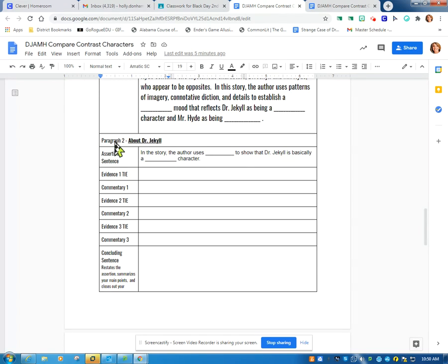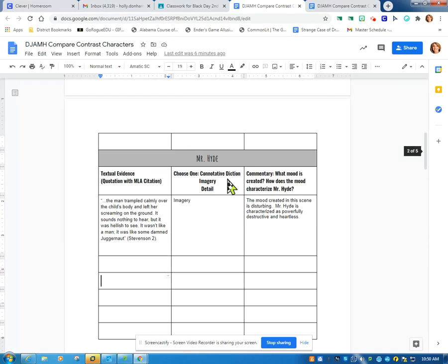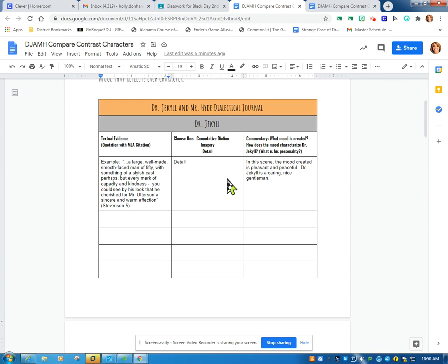And then in paragraph 2, this is how we're setting up our essay. Here's your assertion sentence. In the story, the author uses blank to show that Dr. Jekyll is basically a blank character. Okay? So you're going to look back up at your chart for Dr. Jekyll. Okay? And you're going to look at these examples here.